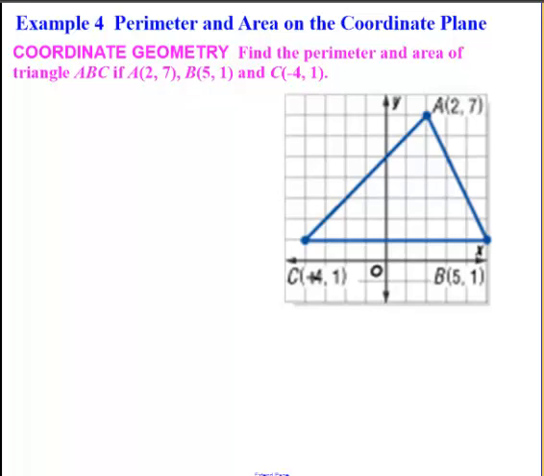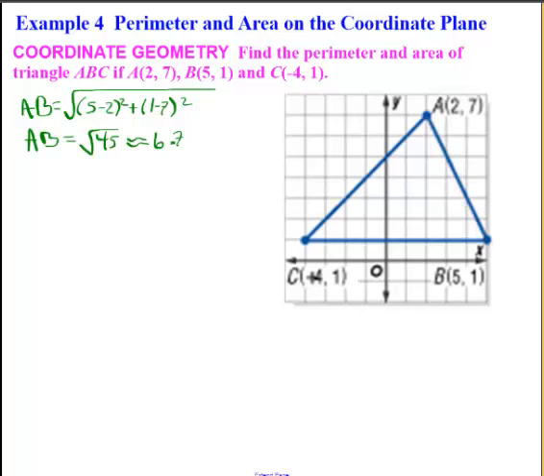So the first one I'm going to do is I want to find the distance of AB. So I'm just going to use my distance formula. So I have 5 minus 2 squared plus 1 minus 7 squared, and that's going to give me the square root of 45 and roughly 6.7.